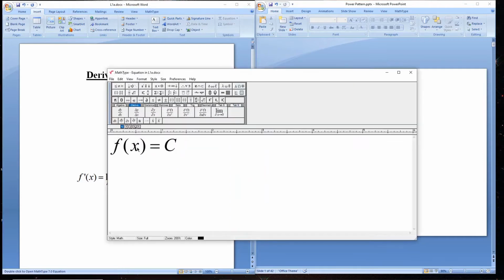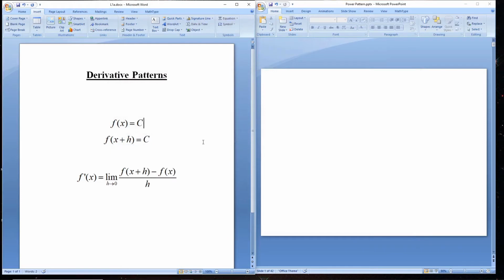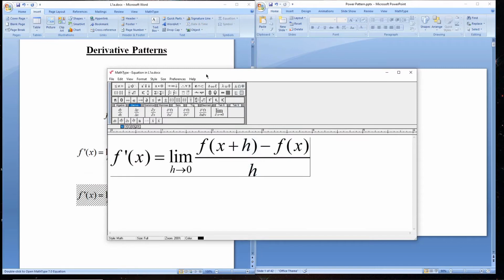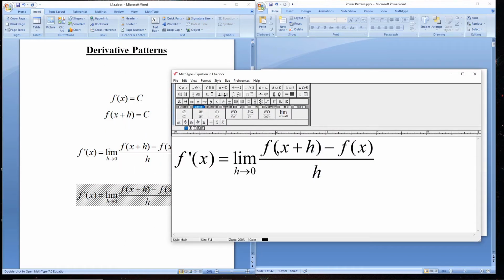So for a constant function, x plus h is still c. And so we'll plug all of that into our limit. So our f of x plus h we know is c, whatever number we want that to be for our horizontal function. And we know f of x is also c.